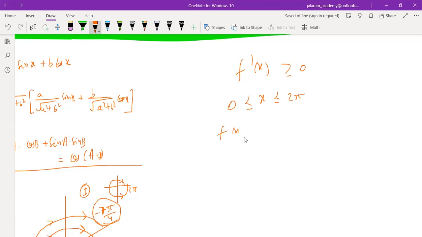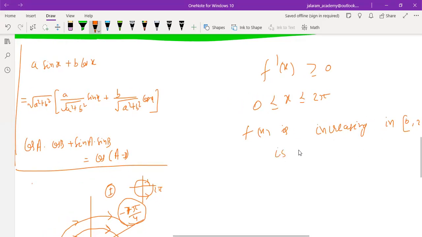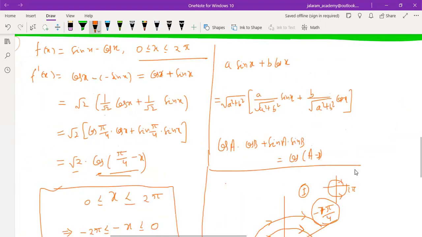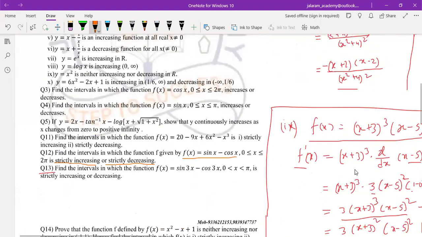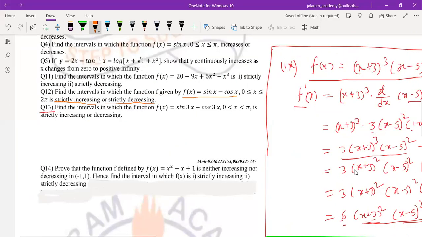Means f(x) is increasing in 0 to 2 pi and is not decreasing at all. Is that clear to you? Understood? Yes.